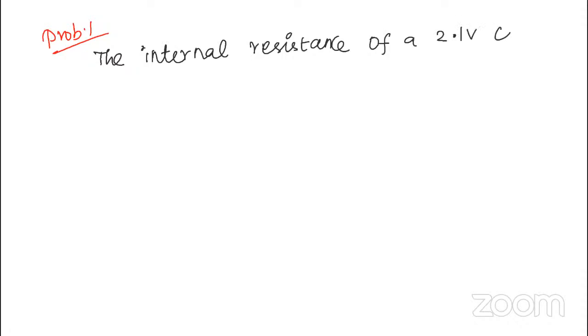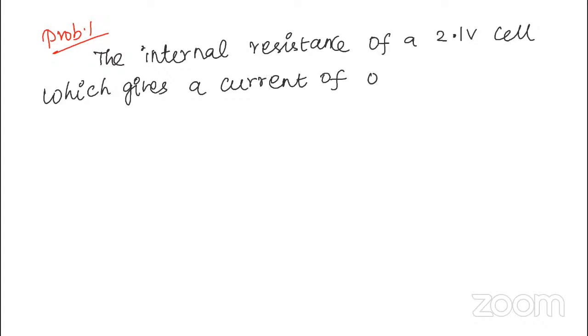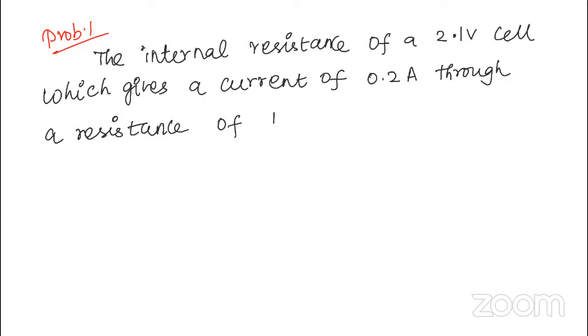The internal resistance of a 2.1 volt cell which gives a current of 0.2 ampere through a resistance of 10 ohm.